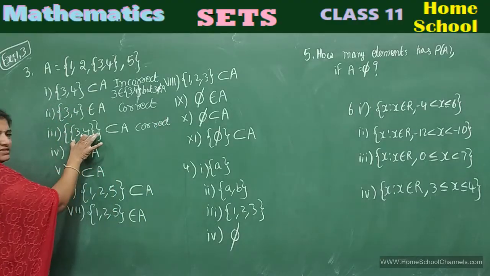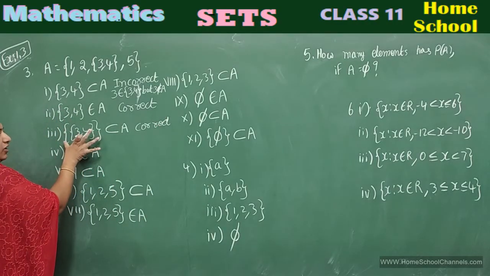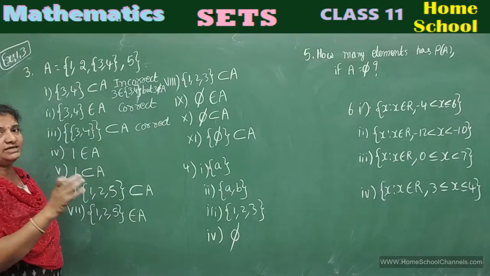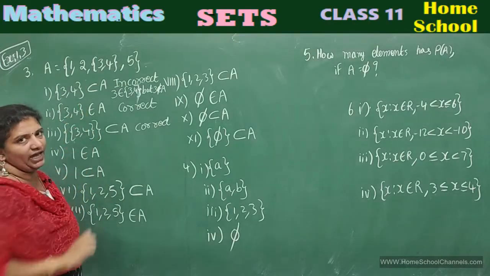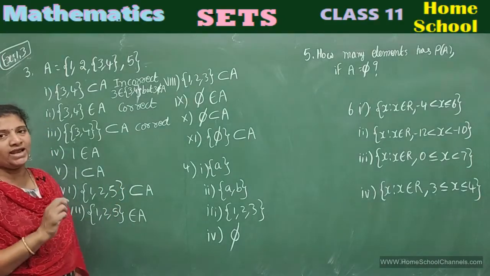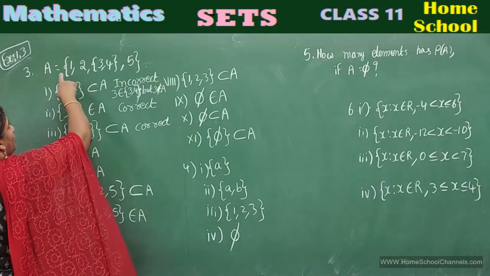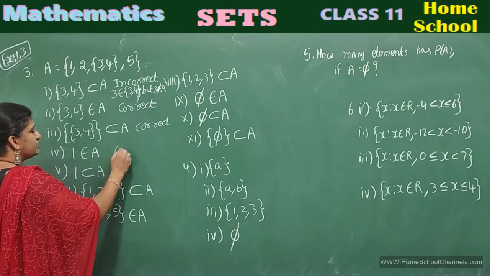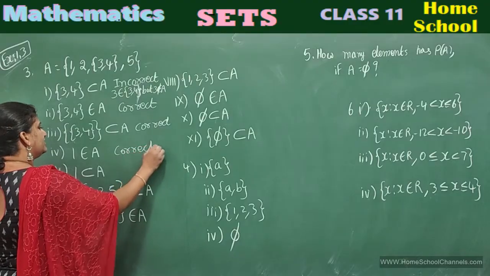Why? This is an element enclosed with flat brackets again, then it becomes a subset of the set A. Right? This is correct. Fourth one: 1 belongs to A. Yes, this is also correct.